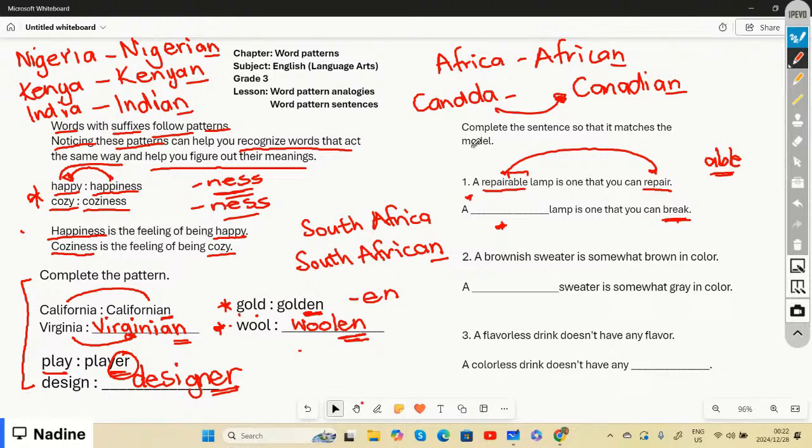For example, a repairable lamp is one that we can repair. We added able. So now a breakable lamp is one that can break, meaning something that can break is breakable.